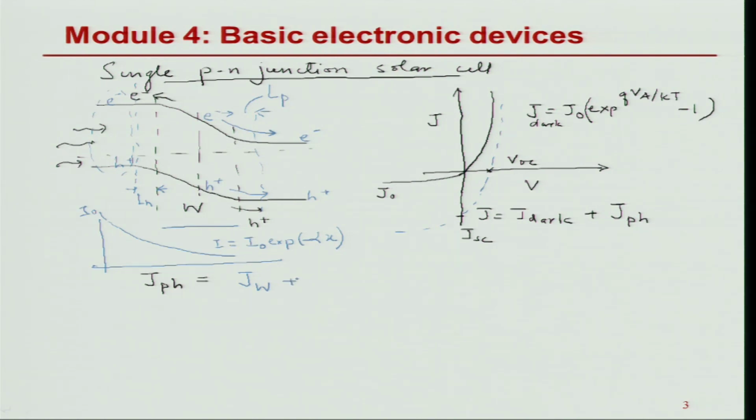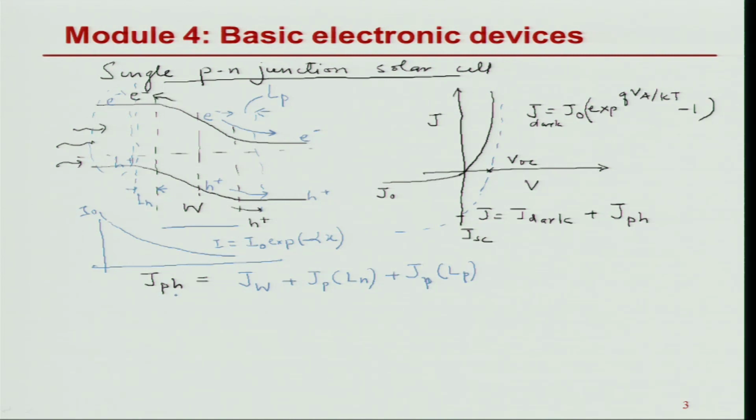But then you have some areas in the p-n junction where you do not have field, and if you have that area, only those electrons which are within the diffusion length of the depletion width will be collected. On the other side, those which are within the diffusion length of the depletion width will be collected on the other side.